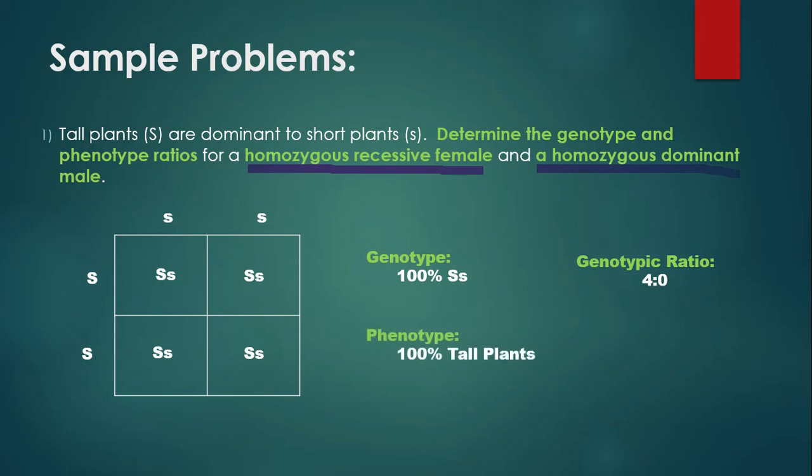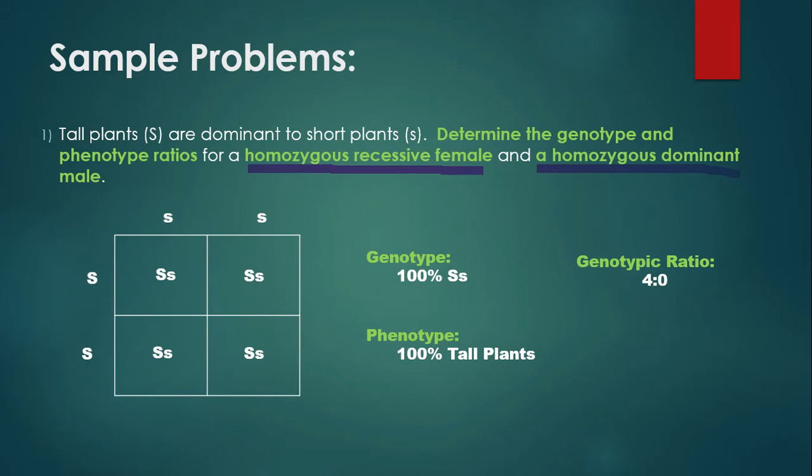Now, for the phenotype, 100% tall plants. Why did I say 100% tall plants? Because in the phenotype, what you are going to look at is the first letter of the results.